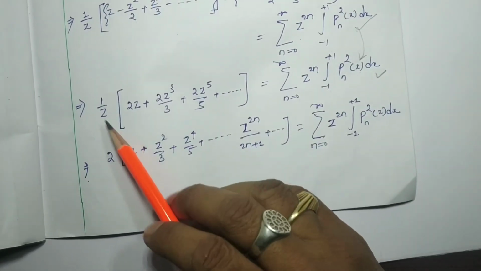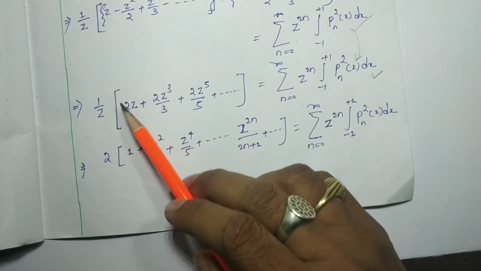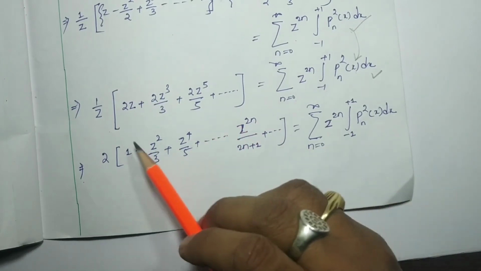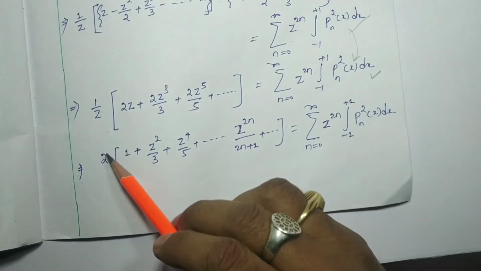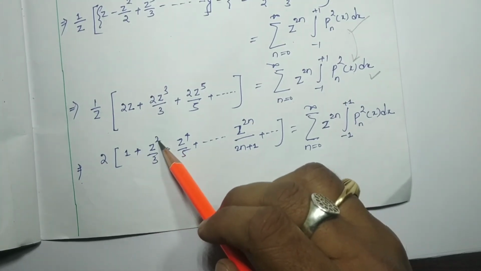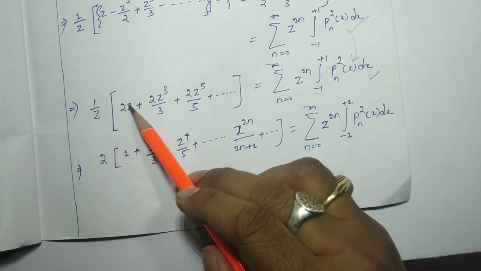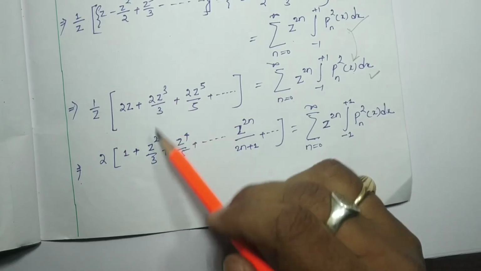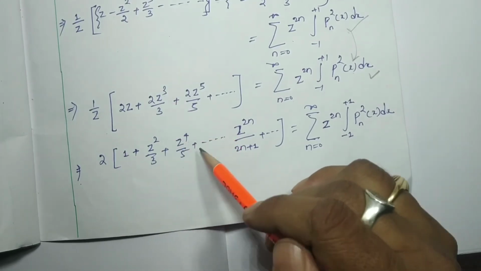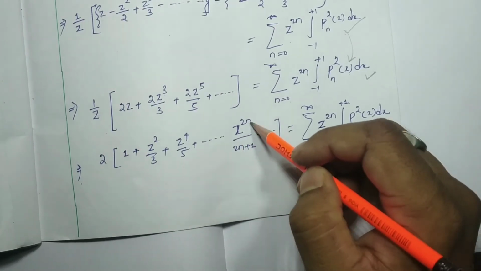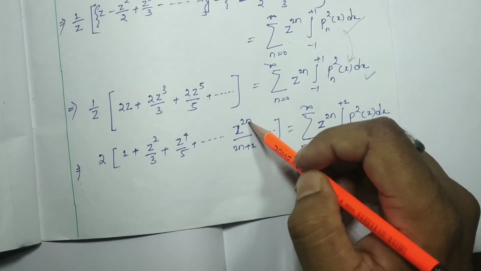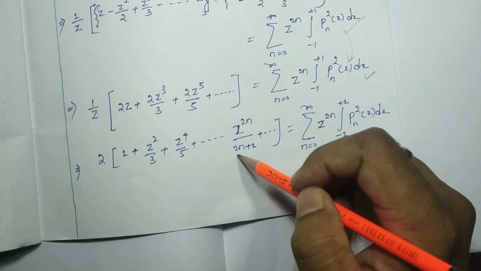So here, whenever I multiply 1 by z with each term, and 2 common, take common outside, so 2 into [1 plus z square by 3 plus z to the 4 by 5 plus and so on]. It will be z to the power 2n by 2n plus 1.